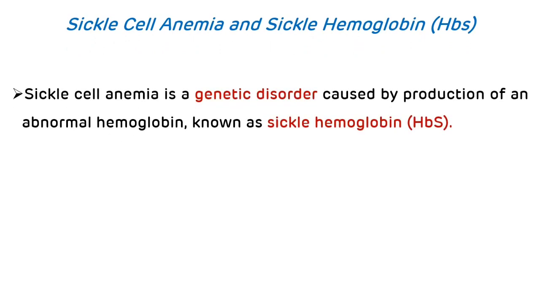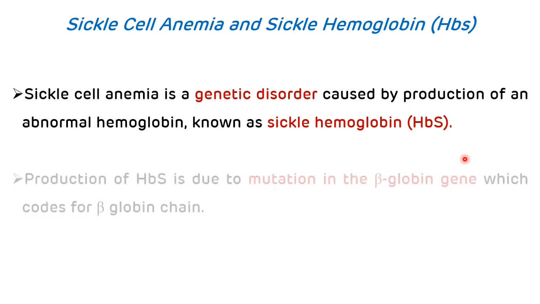Sickle cell anemia is a genetic disorder caused by the production of an abnormal hemoglobin known as sickle hemoglobin, or HbS, and this HbS is one of the most common hemoglobin variants seen worldwide.